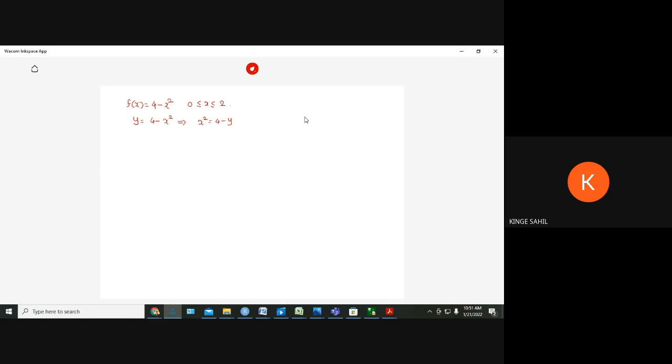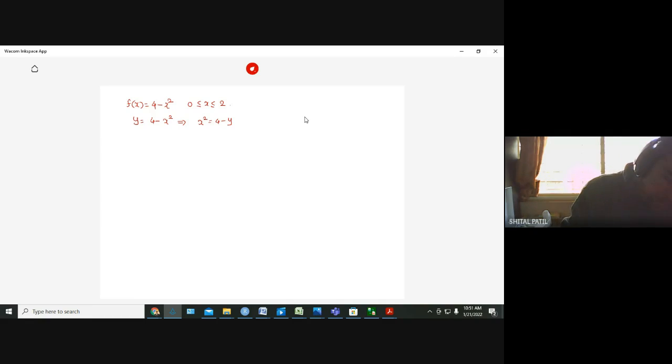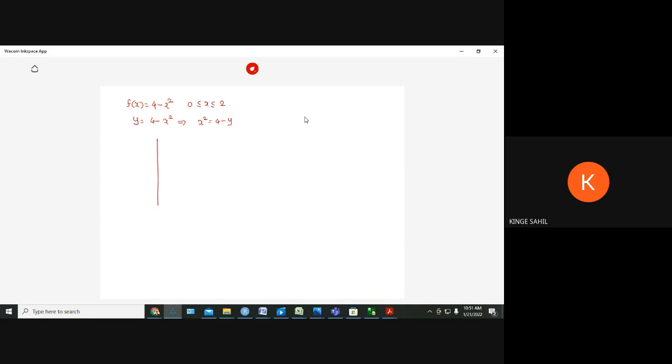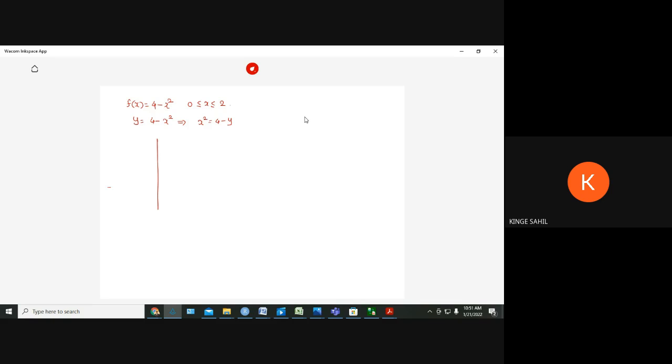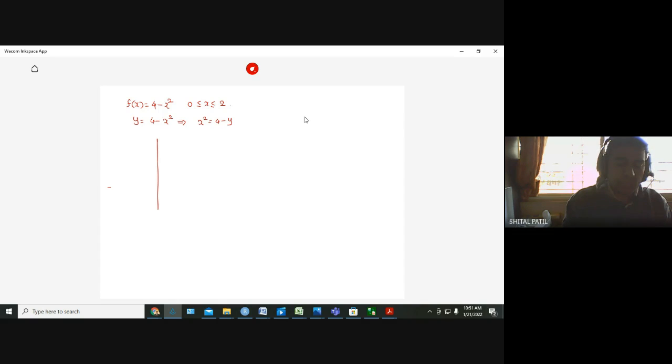So graphically, how will it be? So it's a parabola. Okay. x square is equal to 4ay. Powers of x are even, so it is symmetric about the y-axis. So if you take x equal to 0, y equal to 4. x-axis, y-axis.